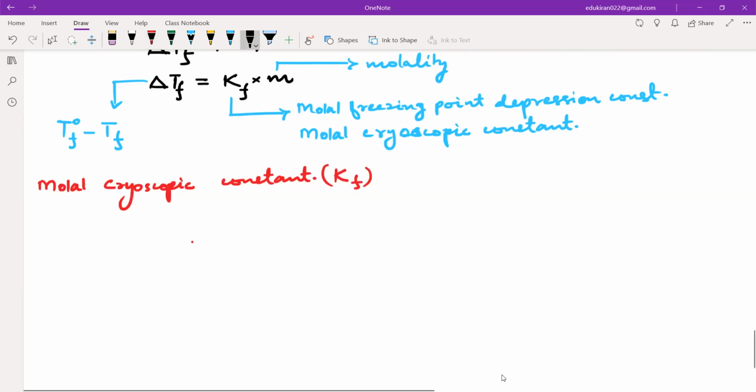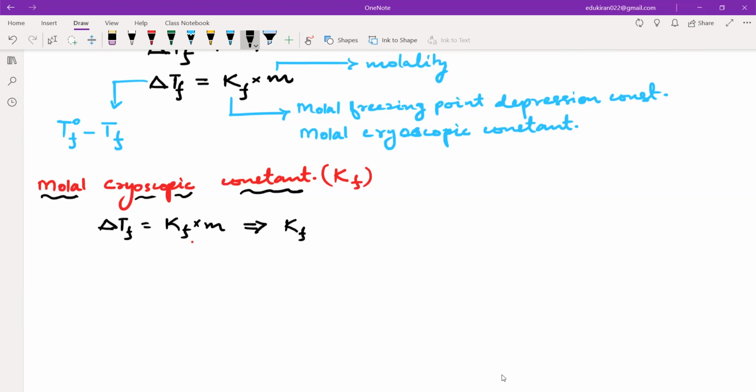Okay, molar cryoscopic constant. So we all know that delta Tf is equal to Kf into m, which implies Kf is equal to delta Tf upon m.